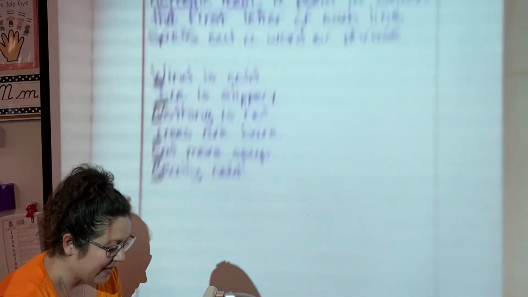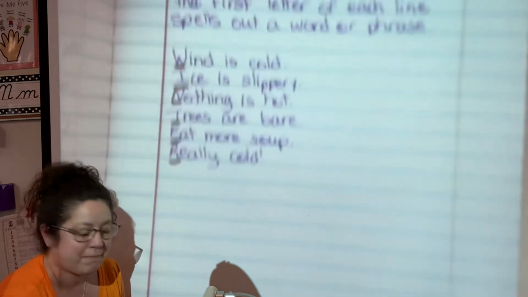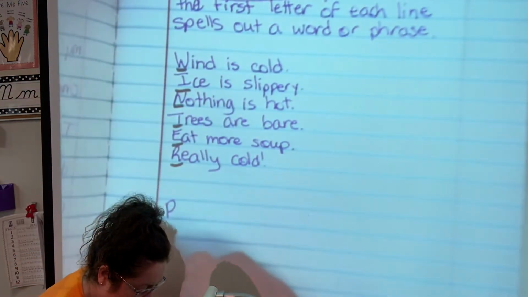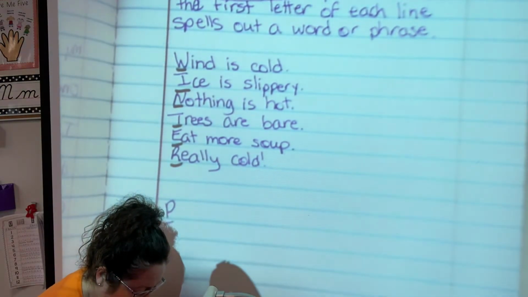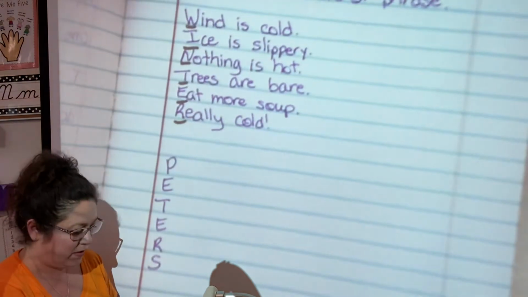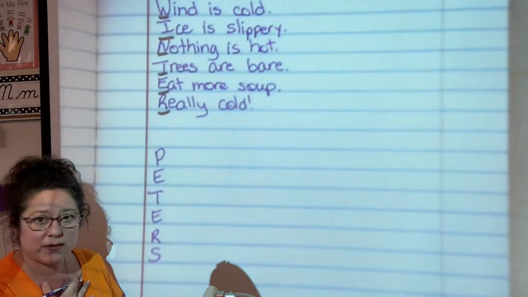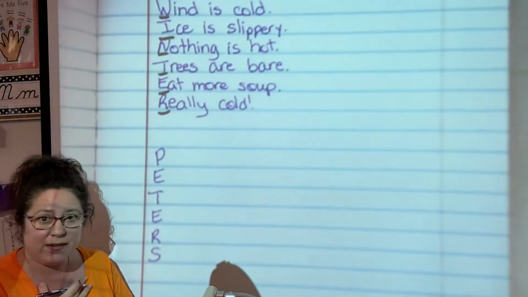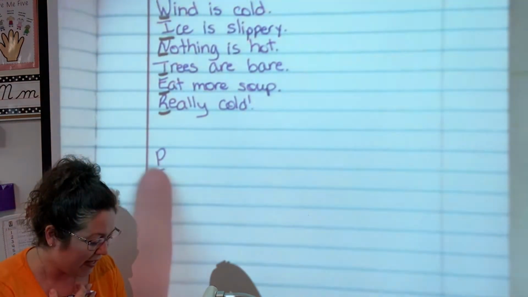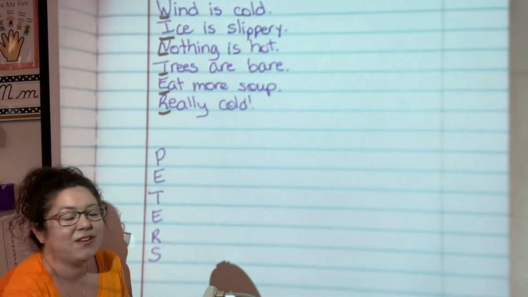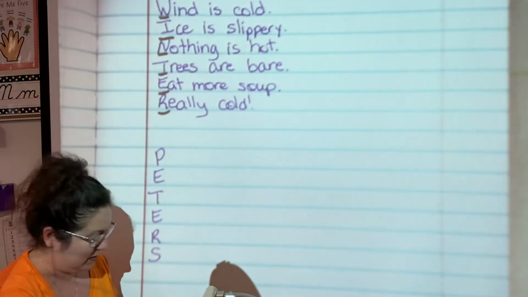Okay, let's do me. We'll do my last name. P-E-T-E-R-S. So I'm the topic, okay? Every line needs to be about me, and each line starts with that letter that it's on. So you might even could think of some things on your own.